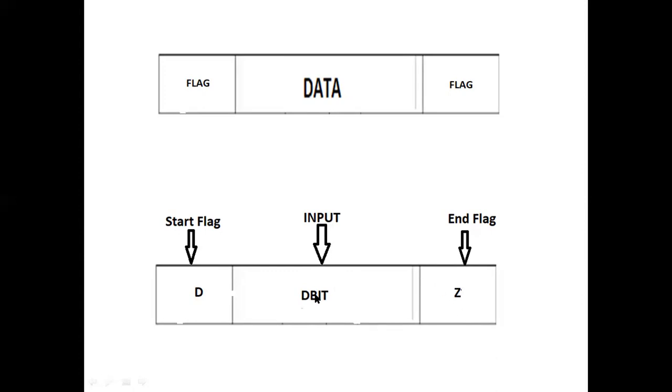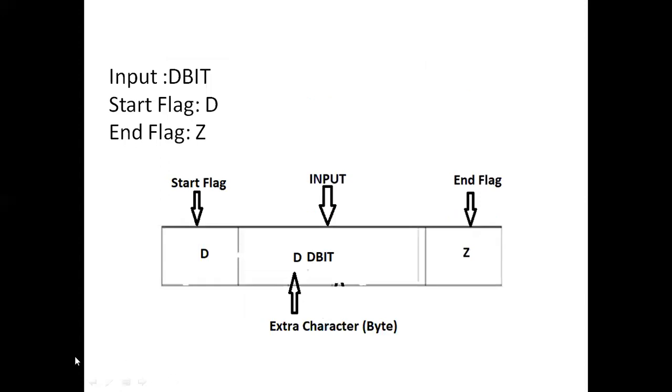In this case we follow the same idea as bit stuffing, where in order to eliminate the confusion between the data stream and the flag, we insert an additional bit. Here, in order to eliminate the confusion between the flag and the data itself, we insert an additional character.